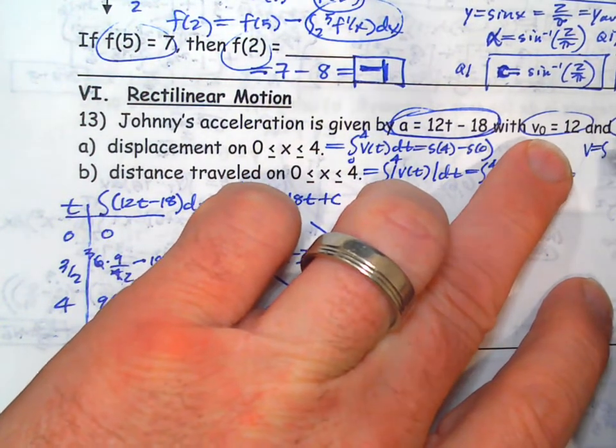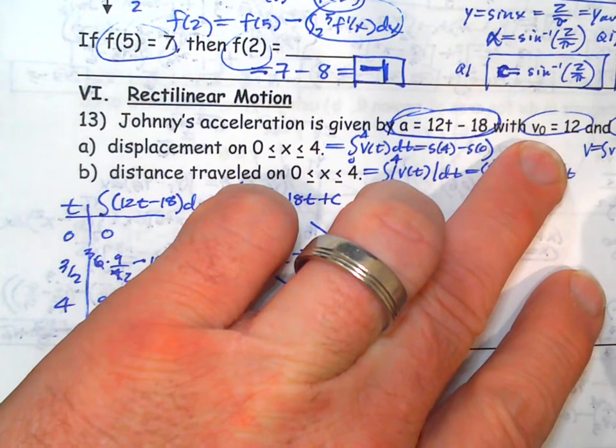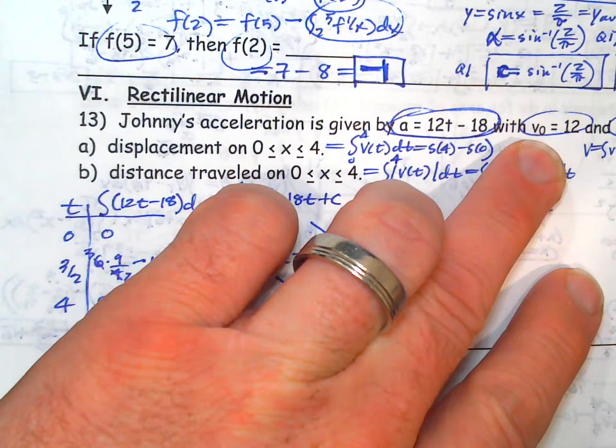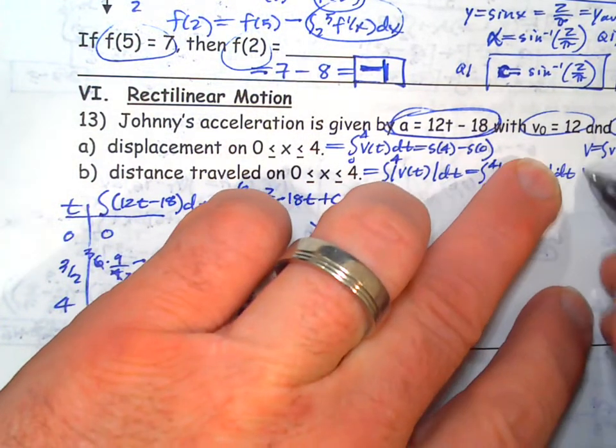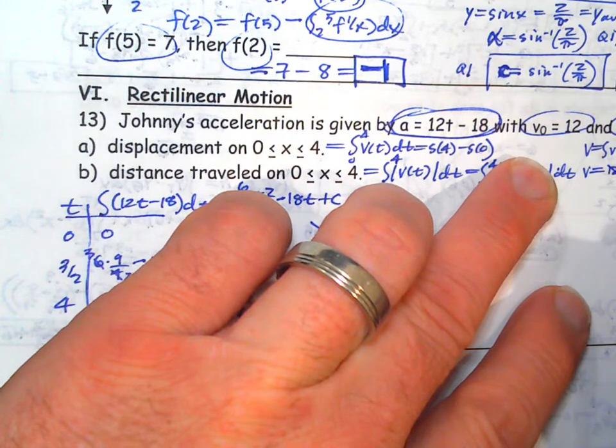Velocity is going to be the integral of v prime dt, which is the integral of acceleration, which is the integral of 12t minus 18. So we're going to get 12t squared over 2 minus 18t plus c. And we do need to find the c value.